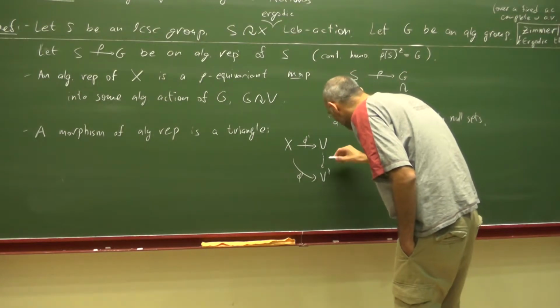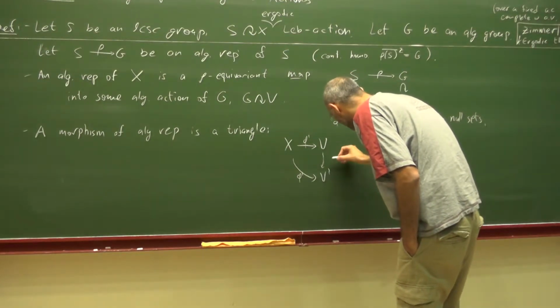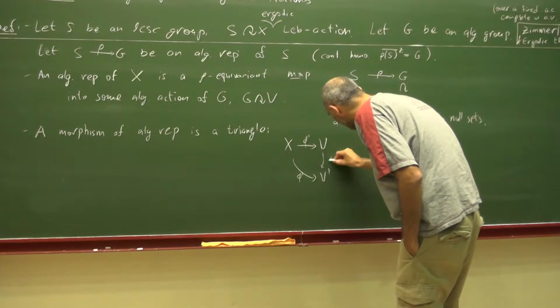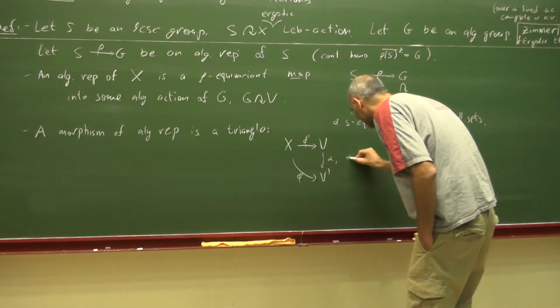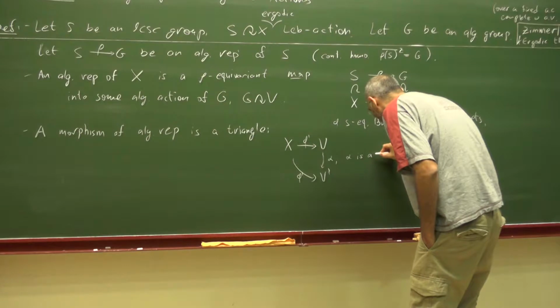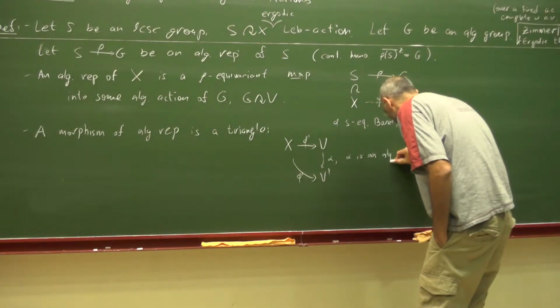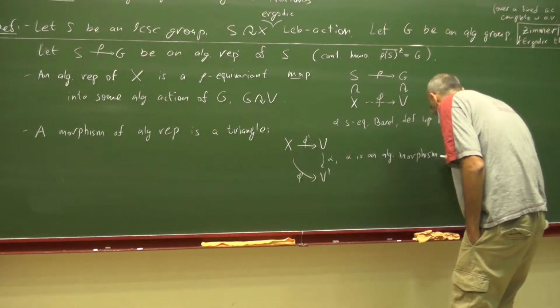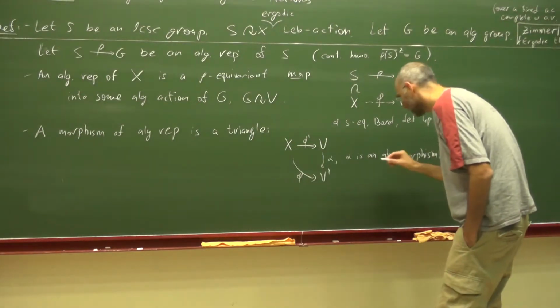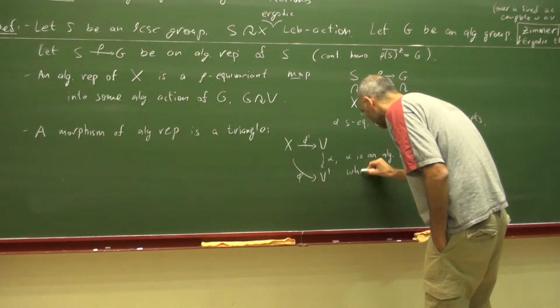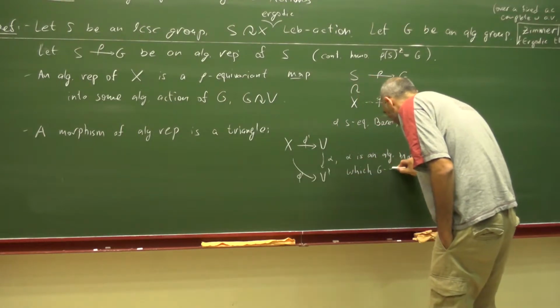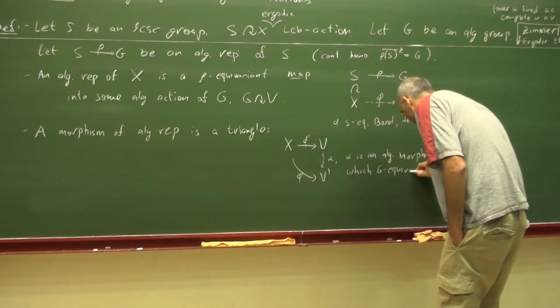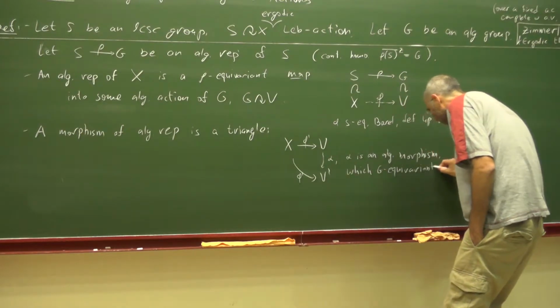Let me name it alpha. Alpha is an algebraic morphism, so it's a morphism of algebraic varieties, which is G equivariant. So it is happening on the right-hand side of the world.